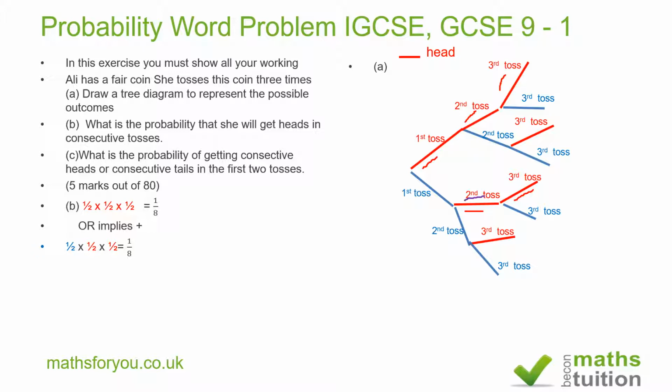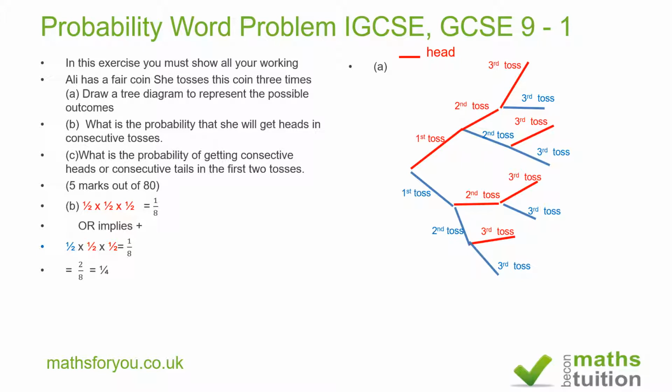And the or implies addition. So if you add 1/8 and 1/8, you get 1/4. So that's B completed. Don't forget it says or there, so you can get head, head, head, or tail, head, head. Okay, so that's one done.